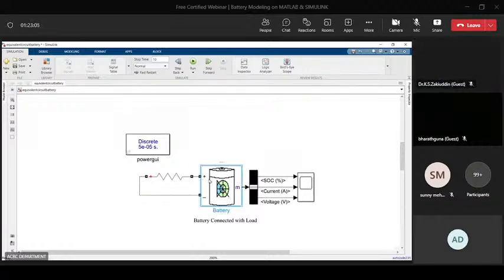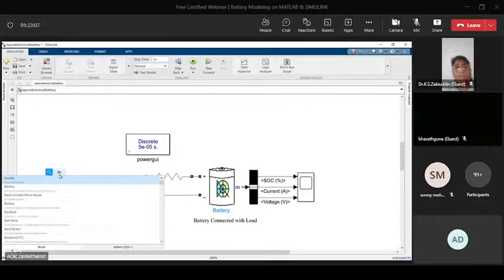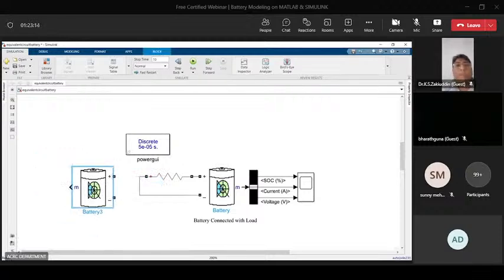So this one is the battery model. I can simply type battery and then I can get this model. This is the positive terminal, this is the negative, and this is the measurement port of the battery.